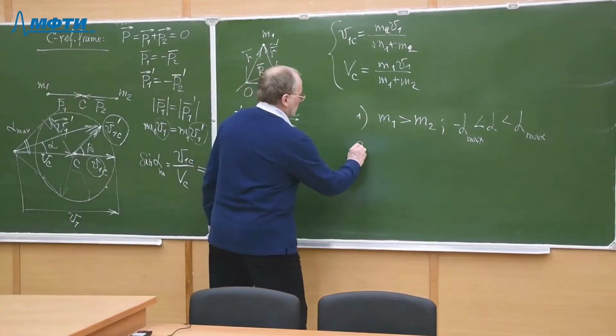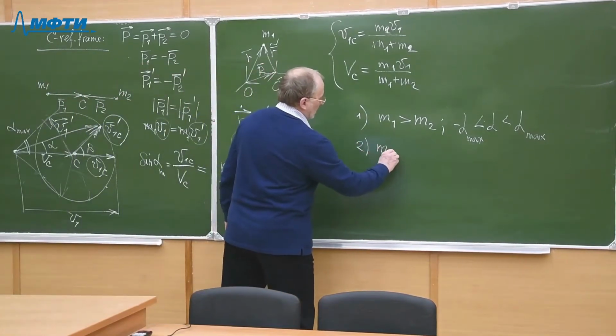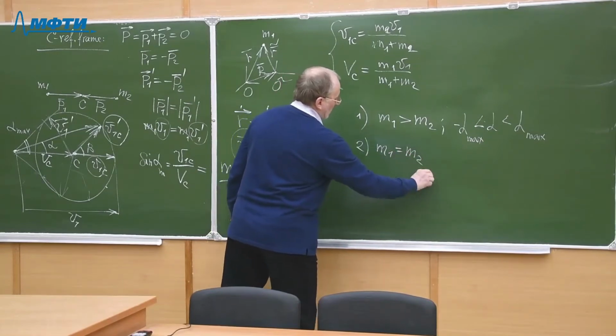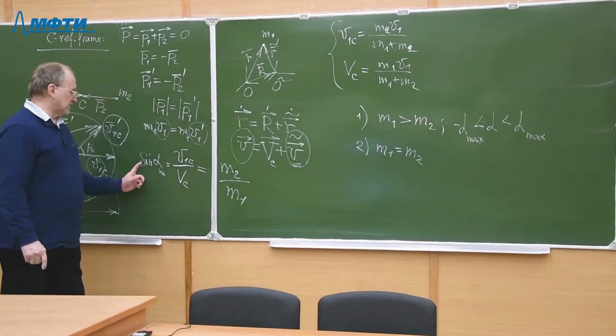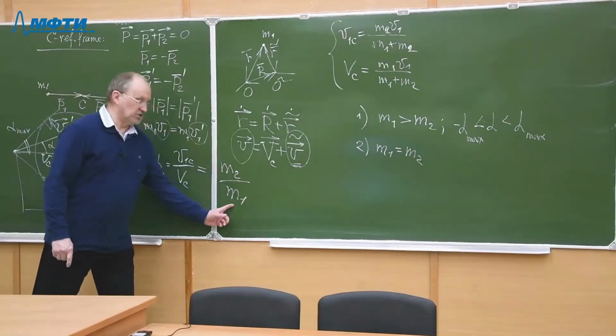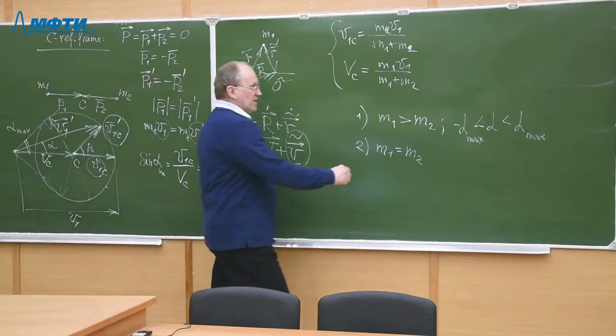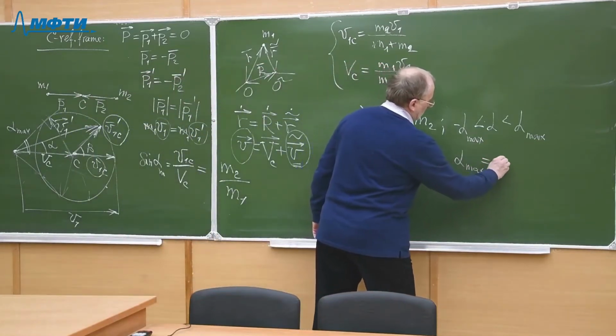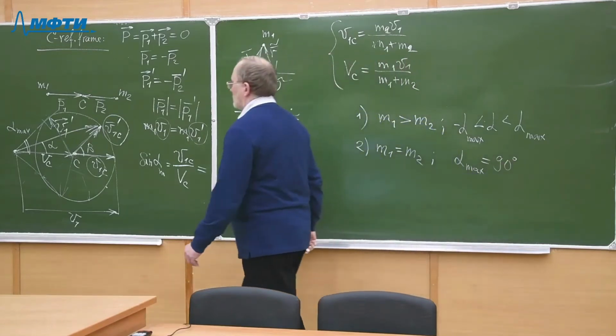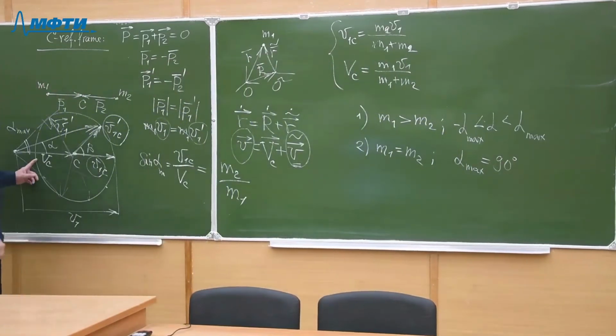Another situation is when m1 equals m2. In this case, we will obtain that the sine of alpha maximum is unity. It means that alpha maximum is 90 degrees. That will happen when the beginning of this vector v1 will coincide with the circumference.